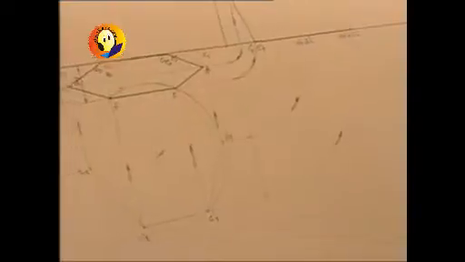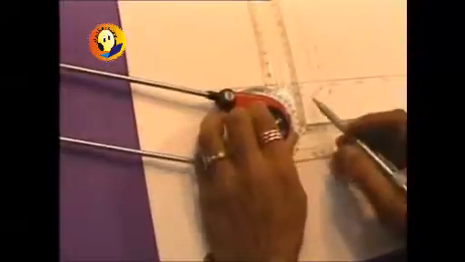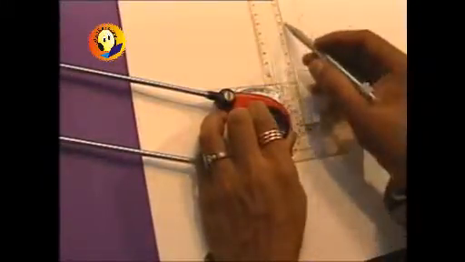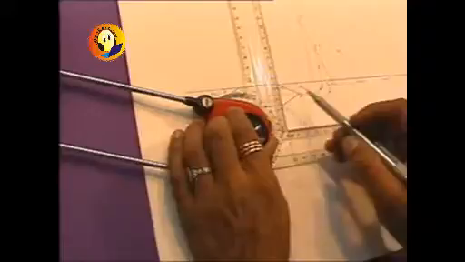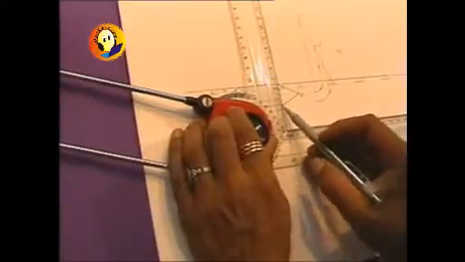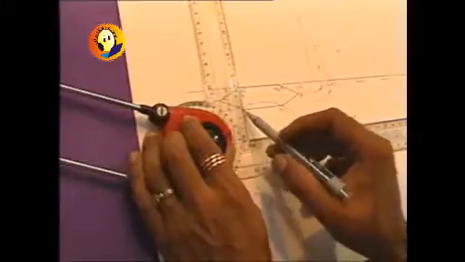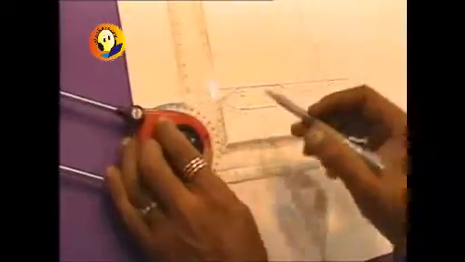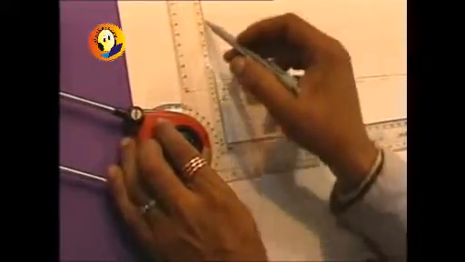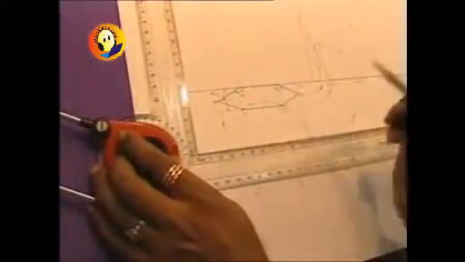Now to obtain the front view, we will have to follow our usual policy of drawing the projectors. So this is projector through point D. This will be projector through point C and E. This will be projector through point B and F. And this will be projector through point A. And we also have the path.